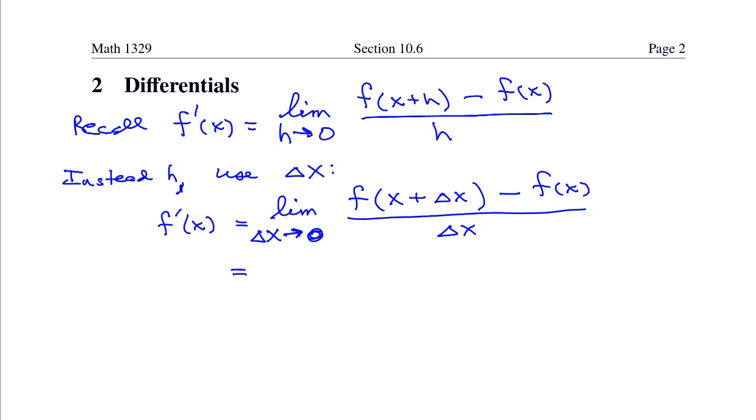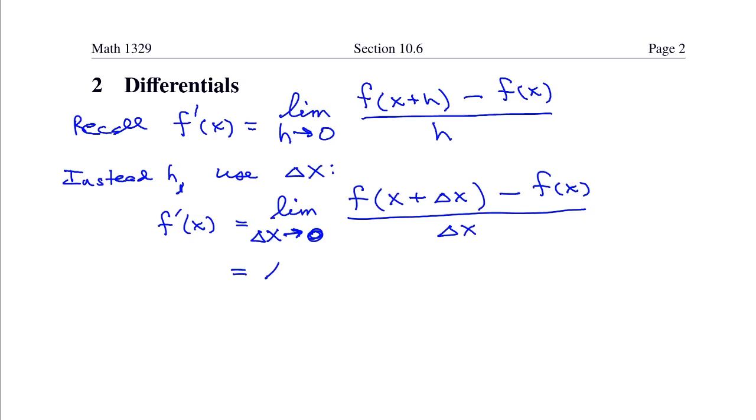Now, what is this numerator part? f of x plus delta x minus f of x. What is that in terms of increments? That's delta y.